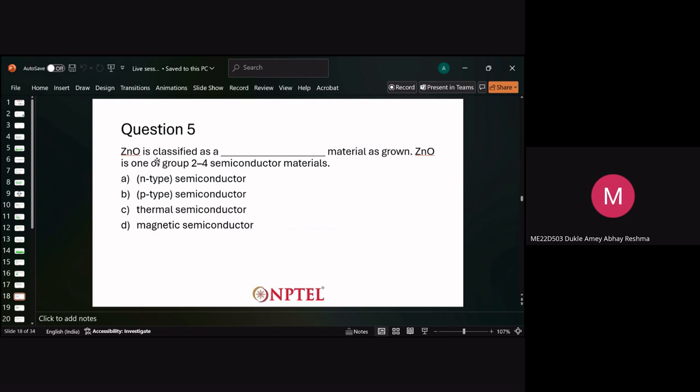Moving to question number five, ZnO is classified as a dash material as grown. ZnO is one of the group 2,4 semiconductors: N-type semiconductor, P-type semiconductor, thermal semiconductor, magnetic semiconductor. So basically, you get the hint from the question itself. Because it's a 2,4 semiconductor, it is an N-type semiconductor.